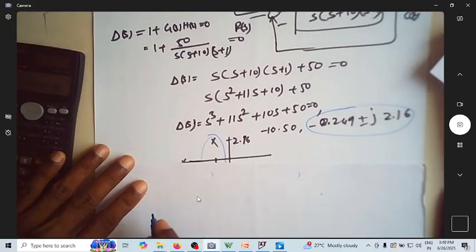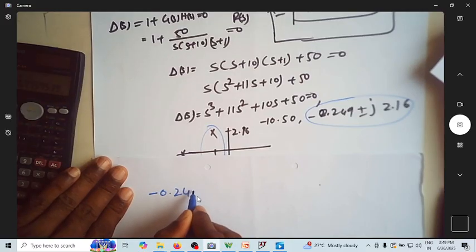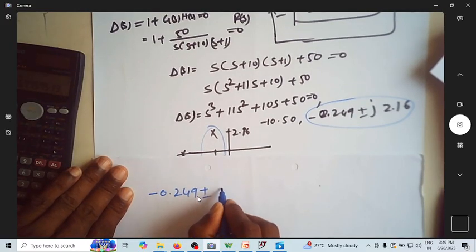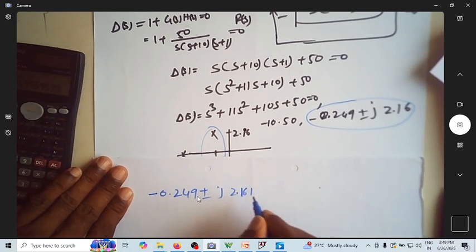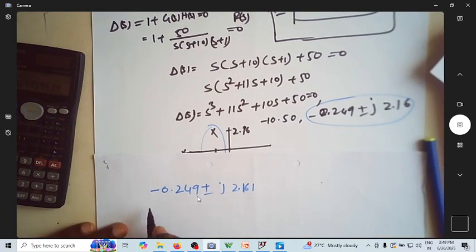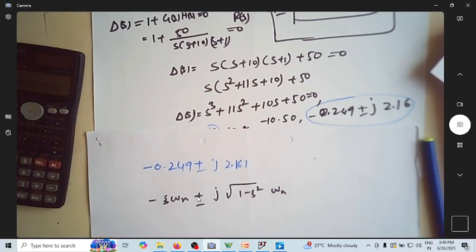The pole position is at minus 0.249 plus or minus j 2.16. This is actually minus zeta omega n plus or minus j root of 1 minus zeta square into omega n.